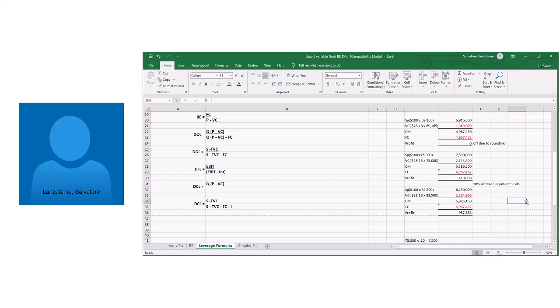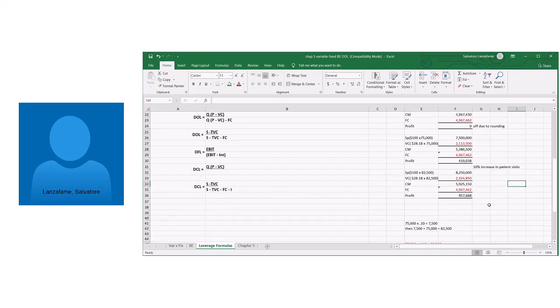Okay, so if you look at the degree of operating leverage, to get the DOL, as we saw to the left, you take your contribution margin and divide it by your profit.